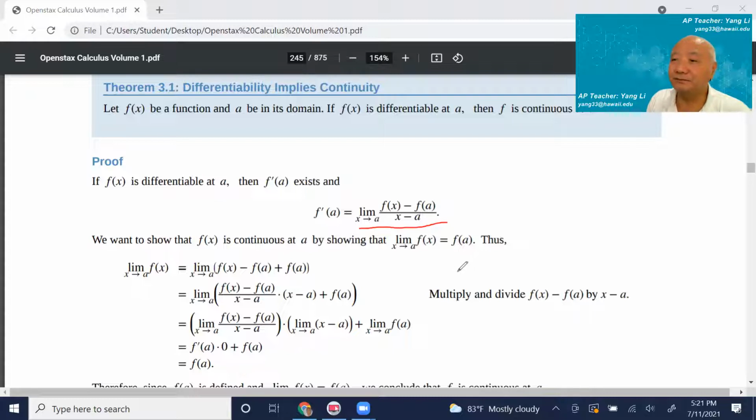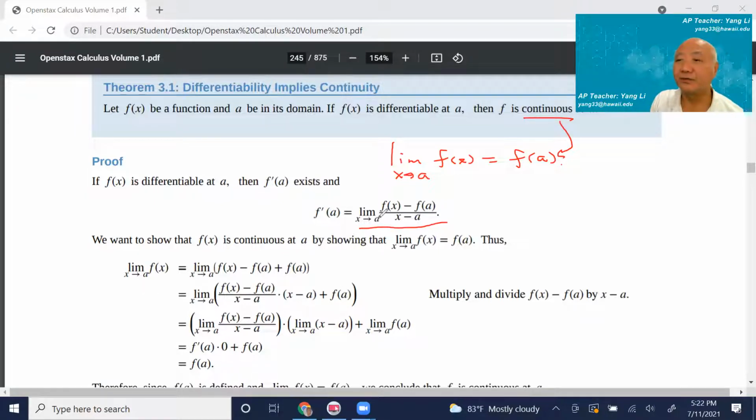And then remember, if we want to show the function is continuous, what do we need to do? The limit as x approaches a of f(x) must equal f(a). That's the definition of continuity. All right.